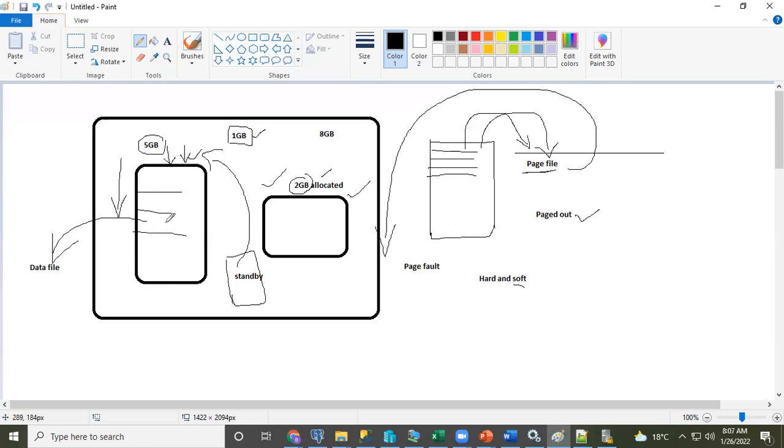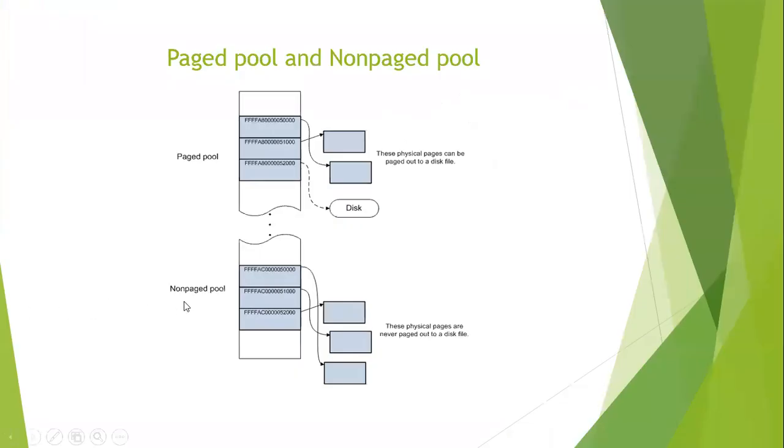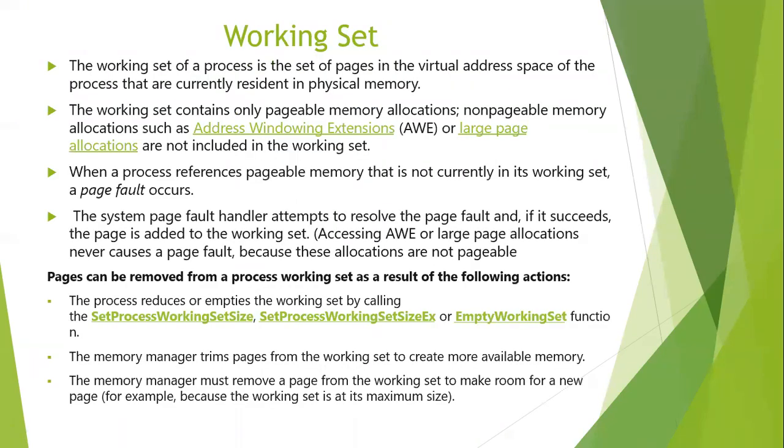If we don't want SQL Server memory to be released, we can enable the configuration so that SQL memory will not be removed. The other applications' memory will be removed, right? That is what we call non-paged. Whatever memory we allocated for SQL Server should not be removed. We call it non-paged pool memory.